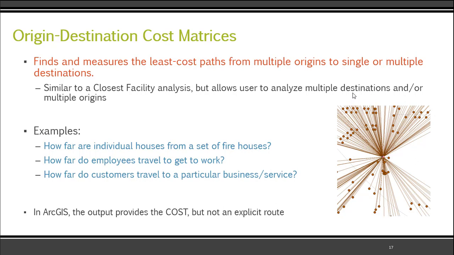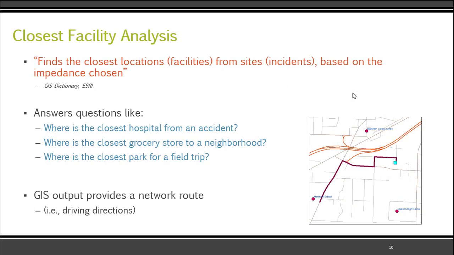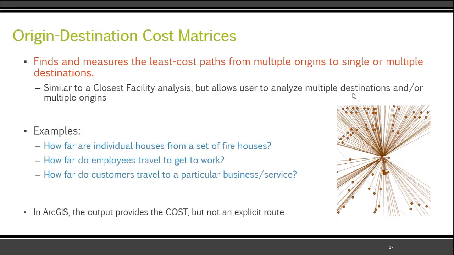Now, what I want you to look at on the right hand side here is how that output is different. I'm going to go back one slide from this output. The output from closest facility analysis is a single driving route between a single origin and a single destination. Our origin destination cost matrix is not driving routes. It is individual straight lines that connect an origin point to their destination.